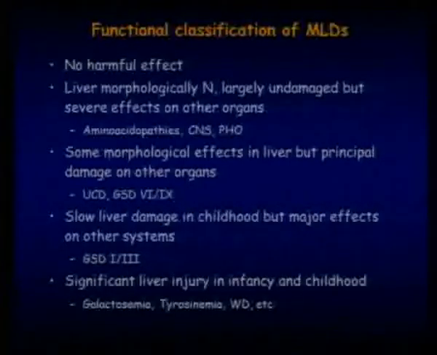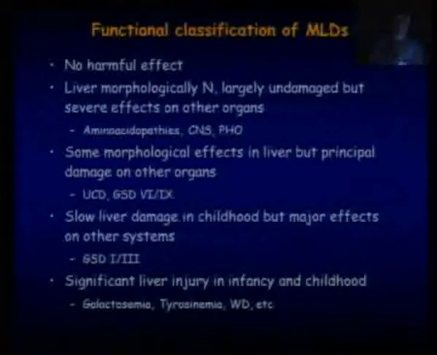There are others where you may have mild morphological abnormalities of the liver. It's not that the liver is completely normal. There are some small problems, like in a urea cycle defect. When there is decompensation, there could be a little bit of fat deposition in the liver. But this is not going to cause any damage to the liver, but again the damage is to the other organs like the brain. There could be some where the damage is going on to the liver to a very minimal extent.